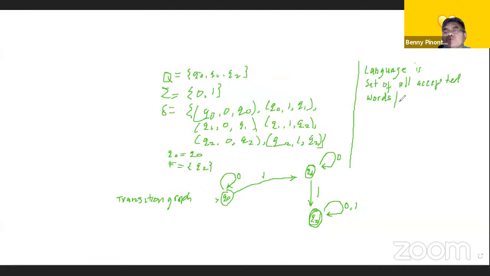Sometimes we use words, sometimes we use string. Now, what is an accepted string? That is all the words where, when we start from Q0, the start state, and go to the final state, the sequence of symbols we encounter is gonna be an accepted word.